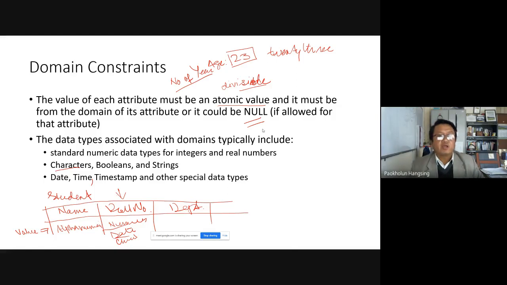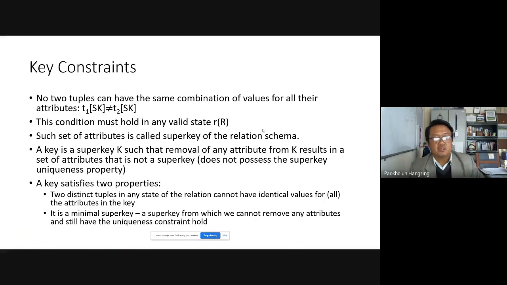Then we have the other type of constraint, which is called key constraints. Here in key constraints, it says that no two tuples can have the same combination of values for all their attributes. This is usually expressed as T1, that is tuple 1, is not equal to tuple 2.